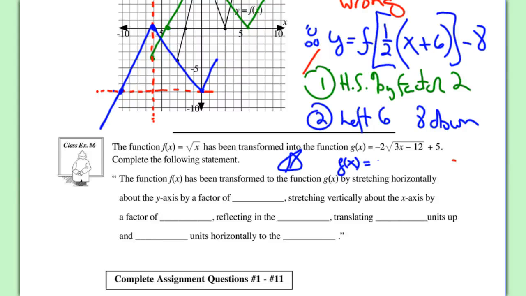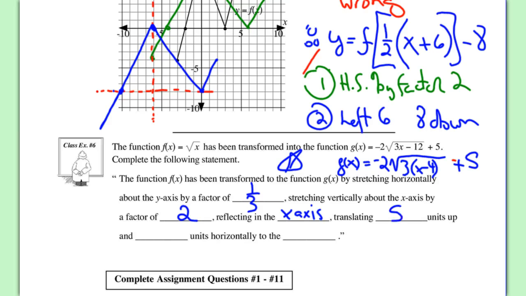G at x is equal to minus 2 square root of 3 bracket x minus 4 plus 5. So the function has been transformed by stretching horizontally about the y-axis by a factor of 1/3, stretching vertically about the x-axis by a factor of 2, reflecting in the x-axis and translating 5 units up.